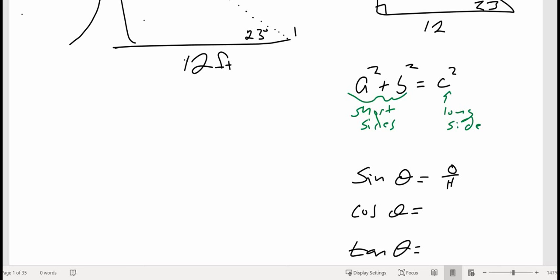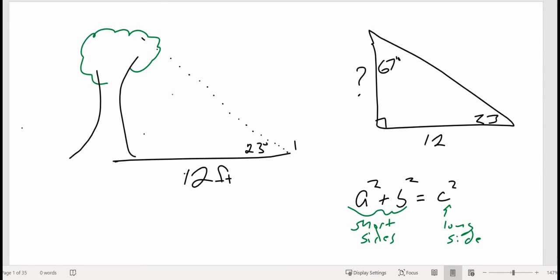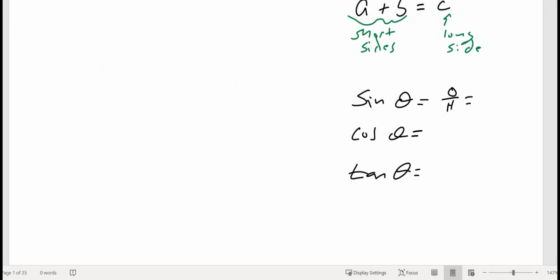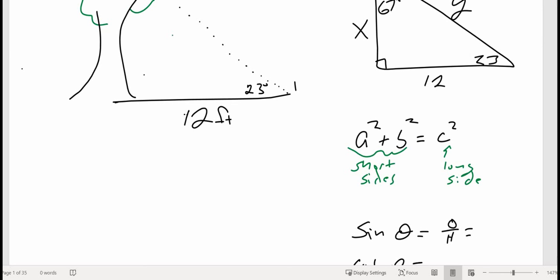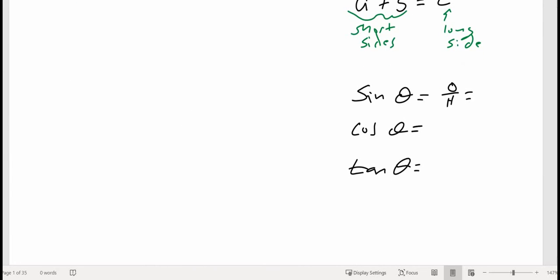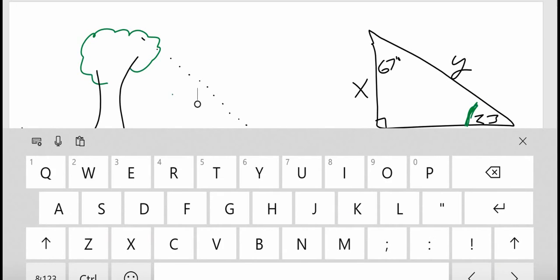In this case, if I go back and label, I don't know that one, I don't know the other one either. So let's just call them x and y for a second, just knowing I need to find out what x is. If we look at this angle, 23 degrees, the opposite side divided by the hypotenuse, the sine of that one would be x divided by y.